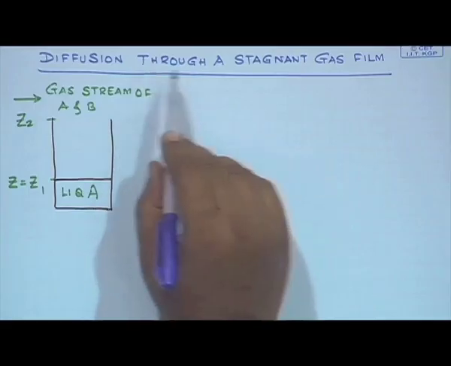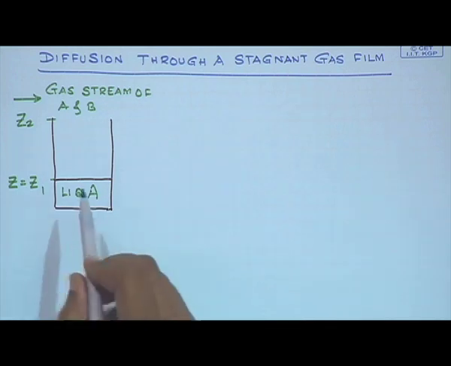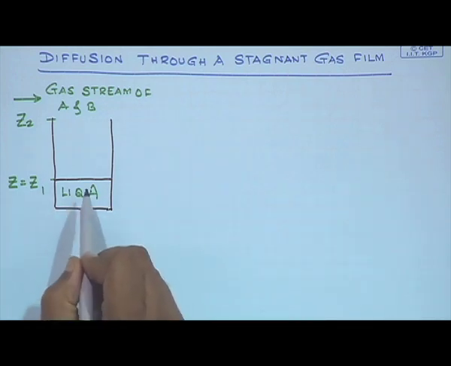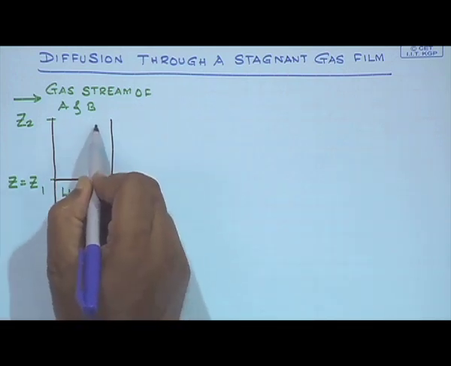So, that is what I have drawn in here, and we are looking at the problem of diffusion through a stagnant gas film, where we have a liquid A and I have B present in here.